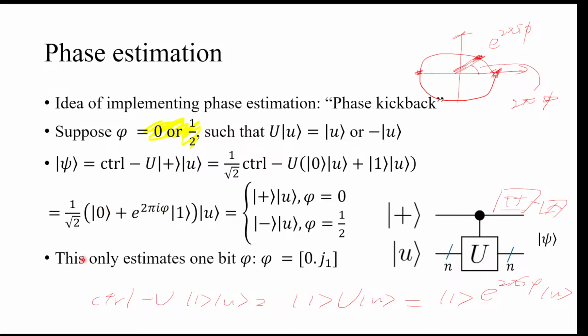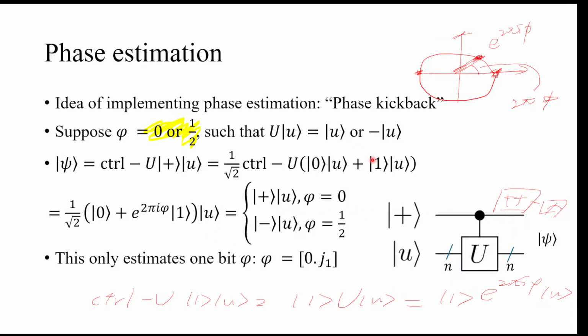And so when the control is 1, this is a plus or -1, depending on whether your u has eigenvalue 1 or eigenvalue -1. So this is a plus or minus here. When you have a plus, you have plus u as your total state, and when you have minus, you have minus u as your total state. Then you can apply Hadamard and measure and see whether this is plus or minus, just like in Deutsch's algorithm.